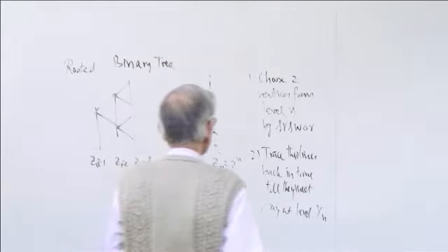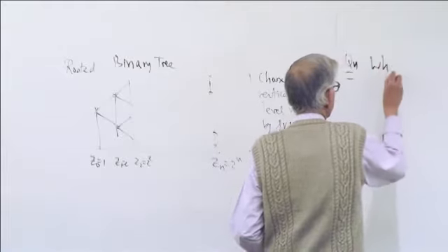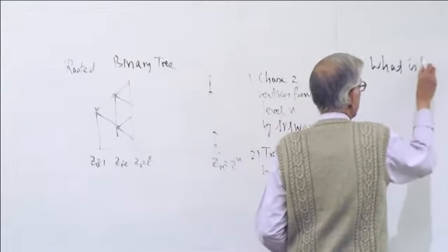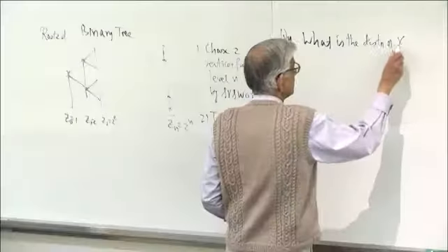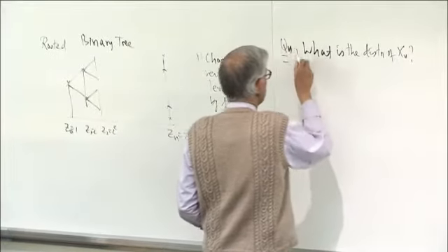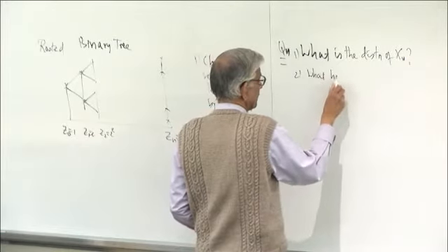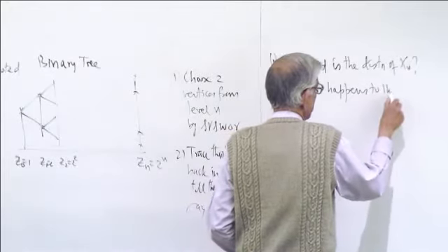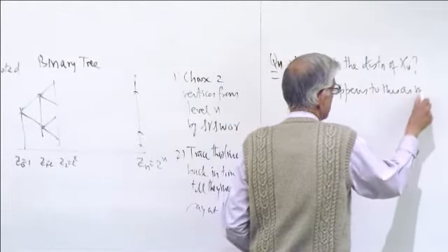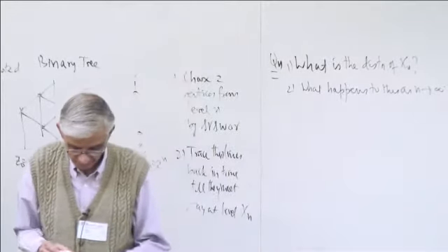So the question that we want to ask is, one, what is the distribution of X_n? And 2, what happens to this as n goes to infinity? So these are 2 questions that we want to ask.